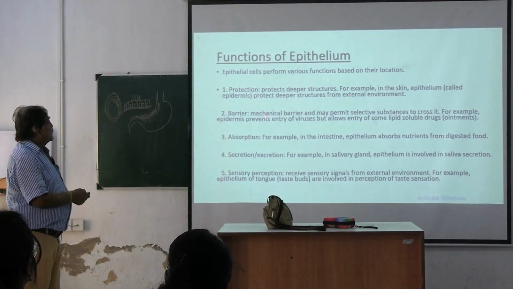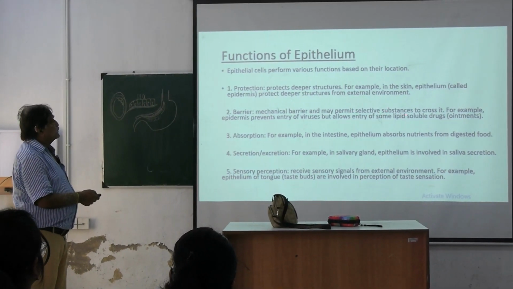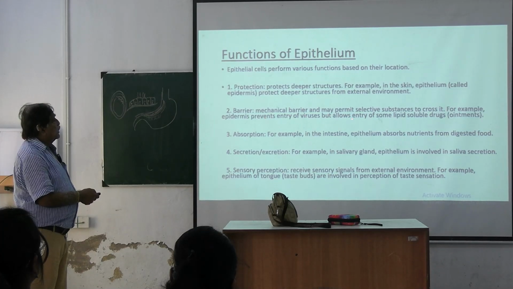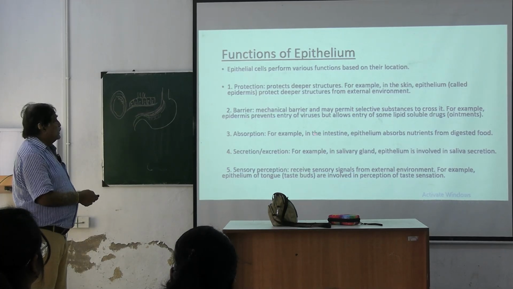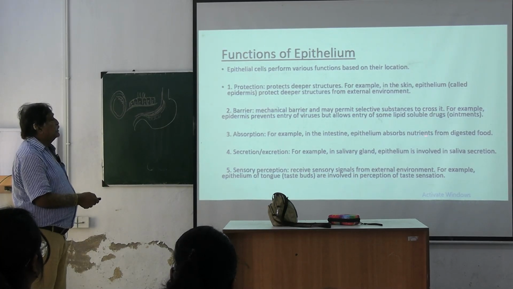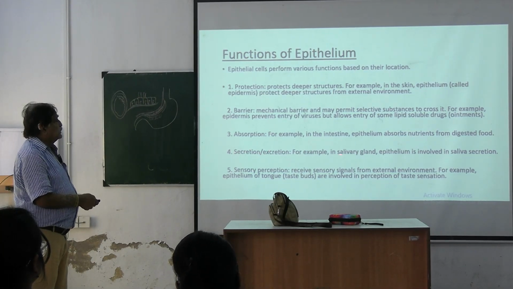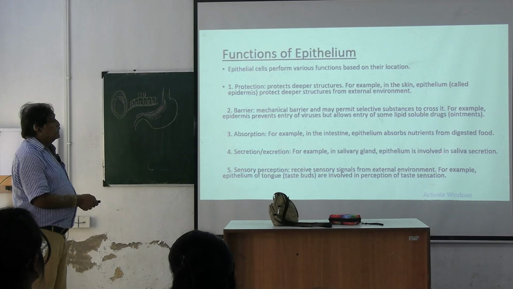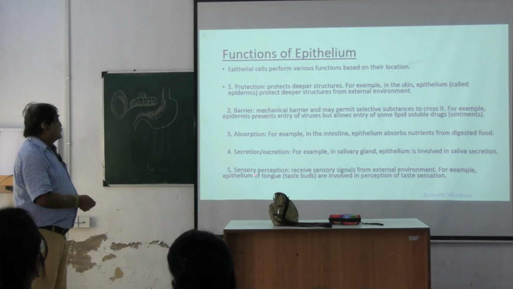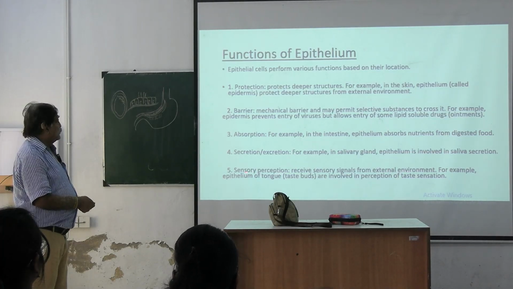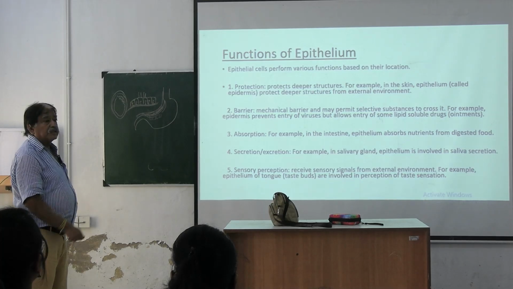Barrier: a mechanical barrier that may permit selective substances to cross it. For example, epidermis prevents entry of viruses but allows the entry of some lipid-soluble drugs and ointments. Absorption: for example, in the intestine, epithelium absorbs nutrients from digested food. Secretion or excretion: for example, in the salivary gland, epithelium is involved in saliva secretion. Sensory perception: receives sensory signals from the external environment.